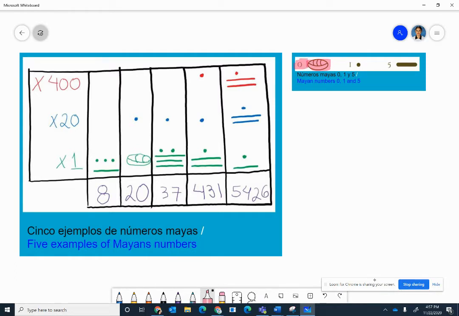The second symbol is a dot and it represents number 1. And the third symbol is a line, a horizontal line, and it represents number 5. So keep that in mind while we go through these 5 examples.